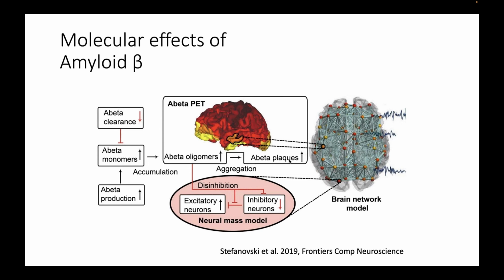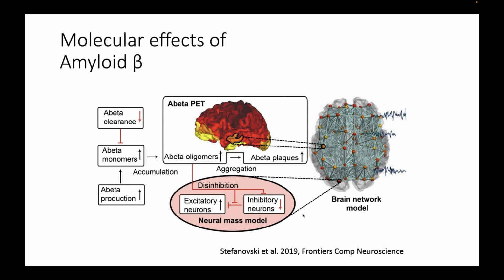And one of these effects, which is very prominent, is disinhibition: it impairs inhibitory neurons in particular. As these inhibitory neurons are affected in their function, this leads to disinhibition of excitatory neurons and therefore to a hyperexcitation. And this is very interesting because it fits together with a lot of other findings in Alzheimer's disease.